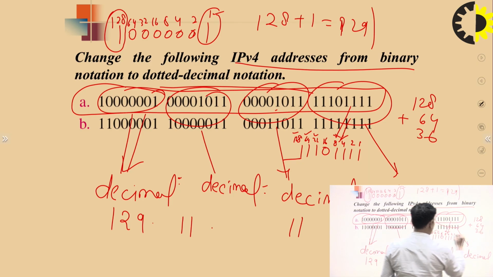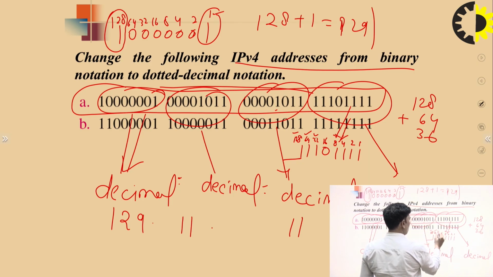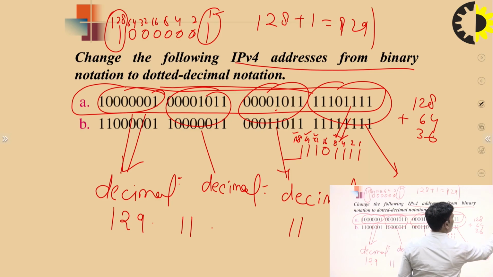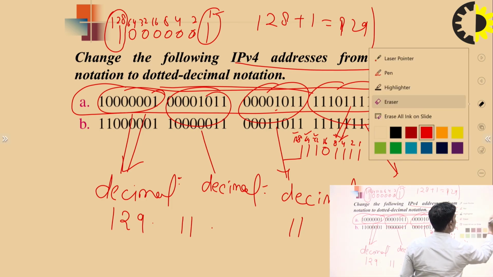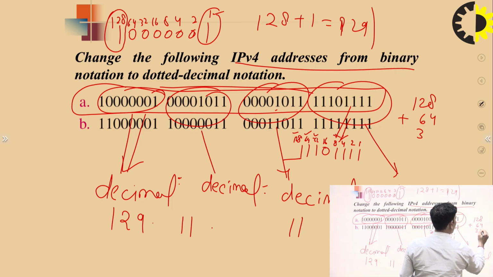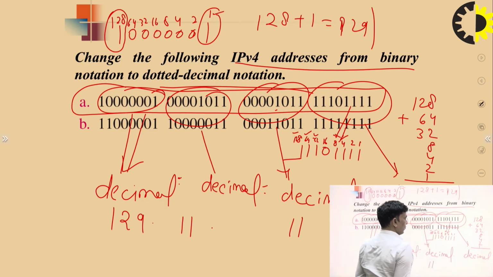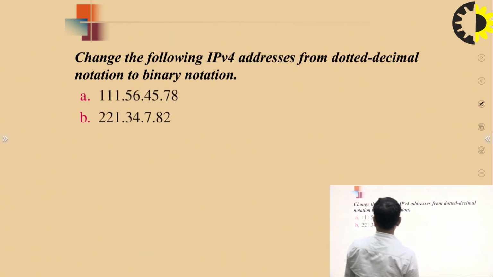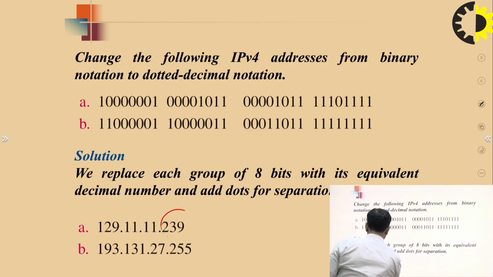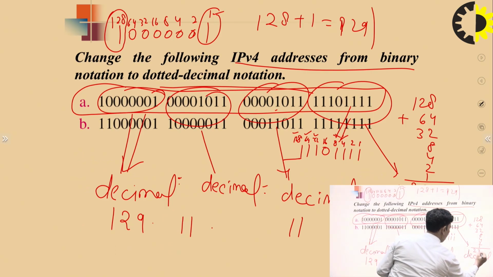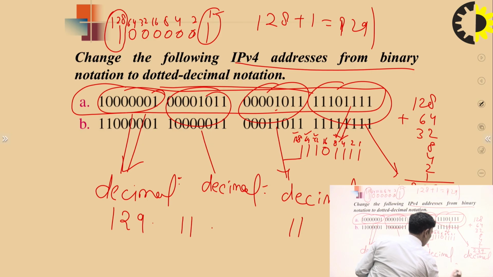The 32 weight is also present. So 64 and 32 are present, and 8 is present, 4 is present, 2 is present, and 1 is present. So write down the sum. The sum will be 239 here. You can easily find the sum. So the value will be 239.